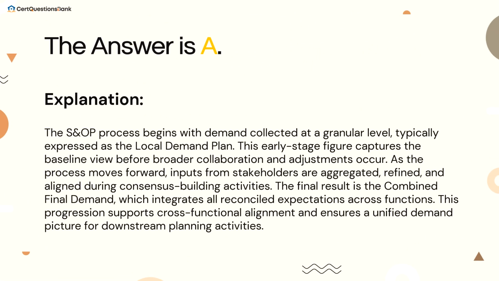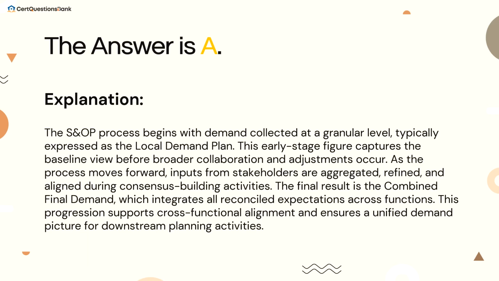The answer is A. The S&OP process begins with demand collected at a granular level, typically expressed as the local demand plan. This early stage figure captures the baseline view before broader collaboration and adjustments occur.